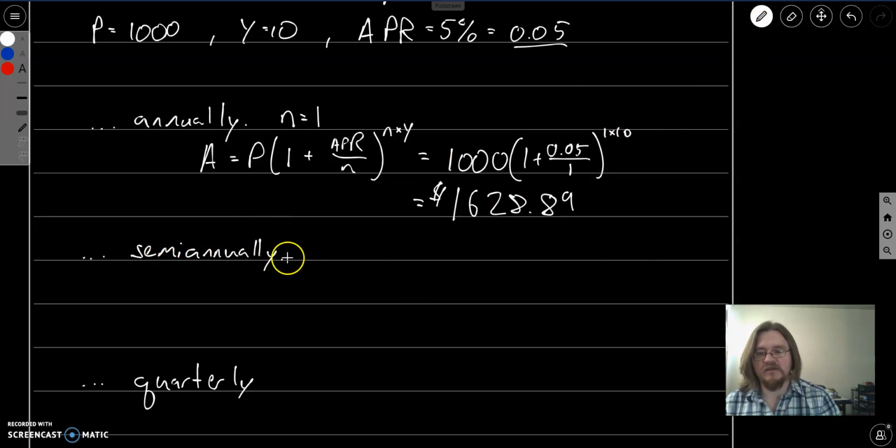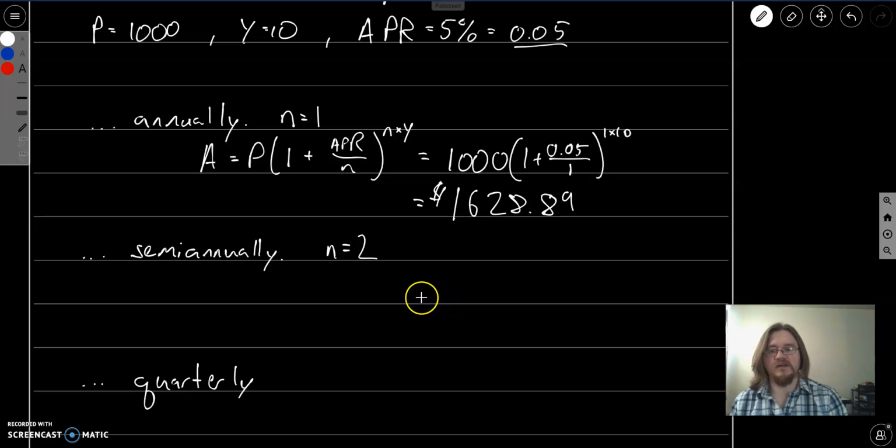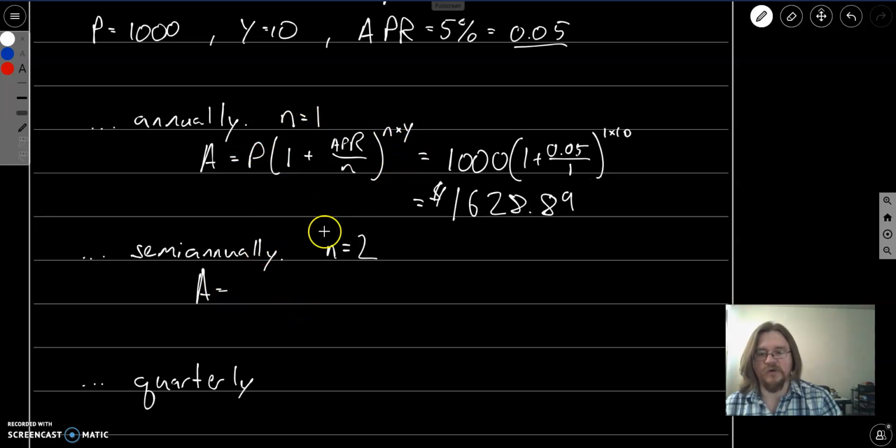So semi-annually means that we're going to compound this twice a year. So n here is going to be 2. So halfway through the year, we'll take whatever interest we have, throw it back in. And then at the end of the year, we'll take what interest we have and we'll throw it back in. So the money in the account, I have our formula right here.